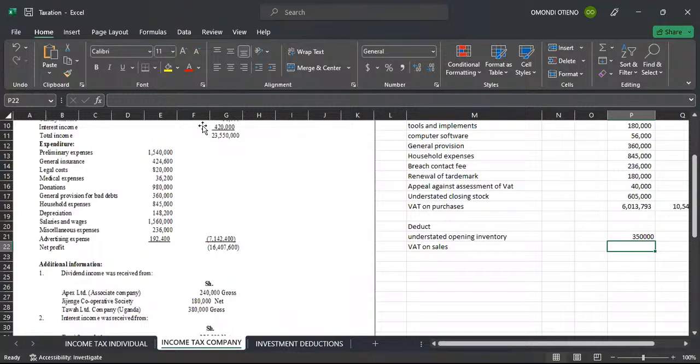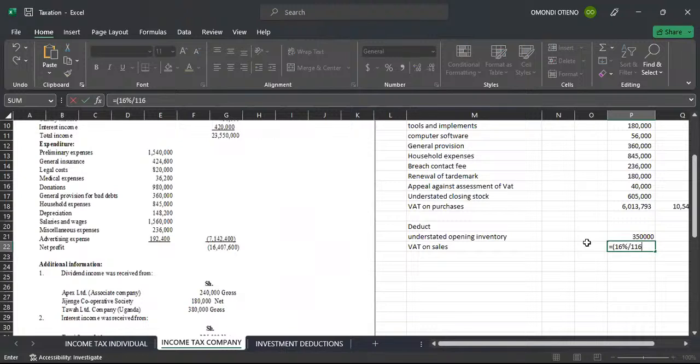So how do we eliminate VAT from this 116? We simply take our 16%, we divide by the total value given, which represents 116%, and we multiply by 64 million.